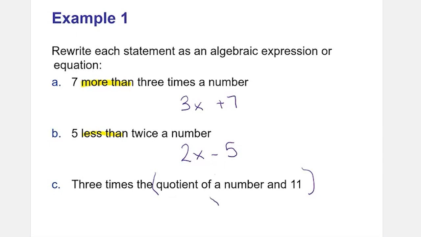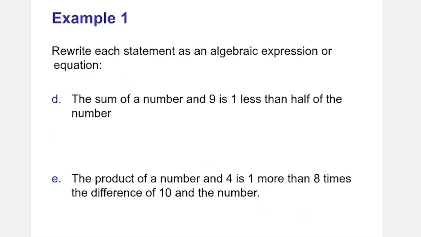Let's say that's x over 11, because fractions are the same as division. So this is the quotient of a number and 11. But then we're going to multiply this by 3. So we can write it like this, or we can also write this as 3x over 11. Whichever way you would like to write it is fine, but you have to read it carefully because we're multiplying the quotient of a number and 11 by 3, okay? Hopefully that makes sense.